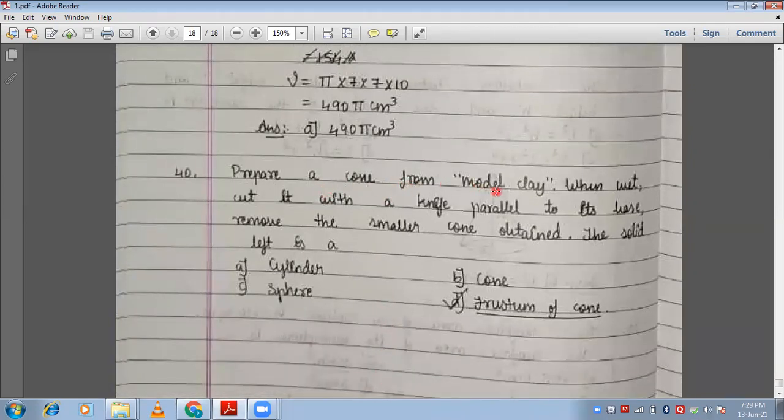40th sum. Prepare a cone from model clay. Cut it with a knife parallel to its base. Remove the smaller cone obtained. The solid left is dash. So this is the cone, I will draw the cone.